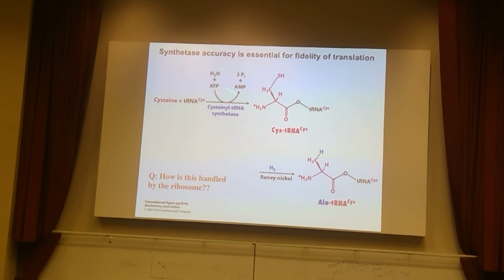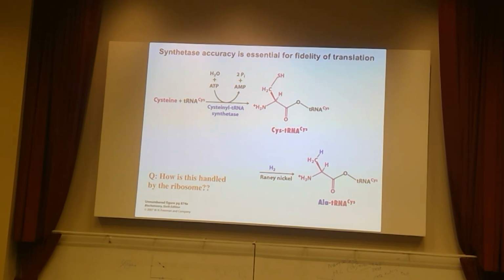Here's an example. We use one of these synthetases to do exactly what it ought to do. Give it cysteine, give it ATP, give it the proper tRNA, boom, it adds the cysteine onto the 3' position to make that aminoacyl tRNA. Correct. Cysteine conjugated onto the cysteine tRNA.